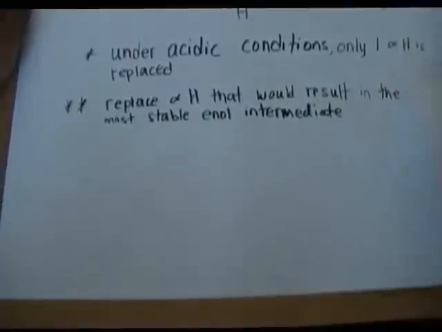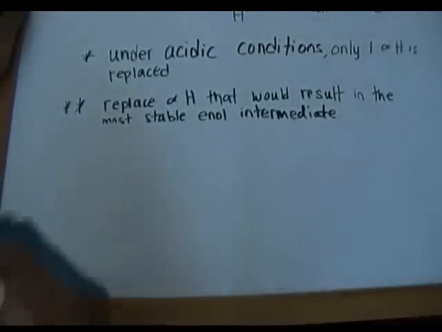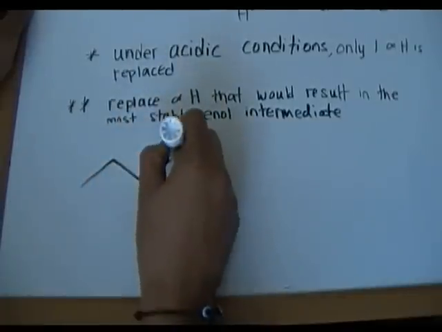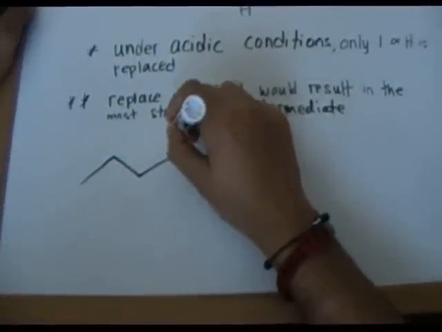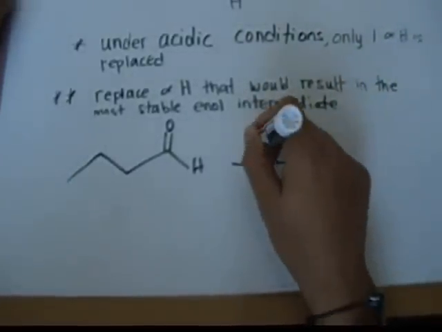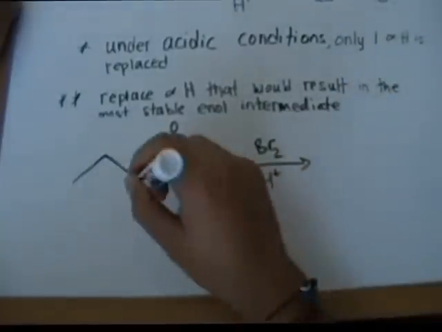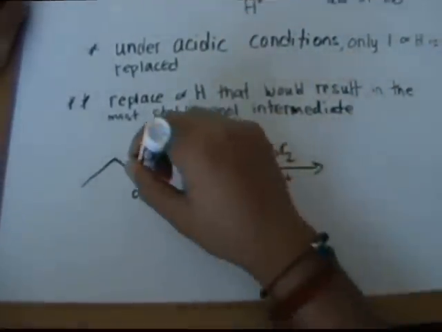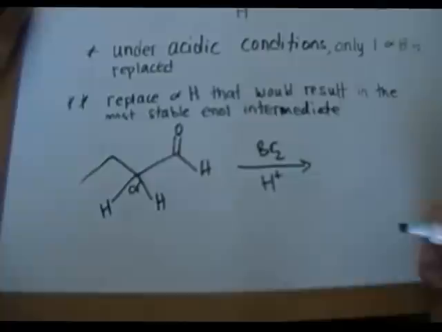Let's do one more, and I think that's where I'll end it. So let's just say we have that, and we do again Br2, H plus. Identify our alpha carbons. There's our alpha carbon. The alpha H's would be right there and there.